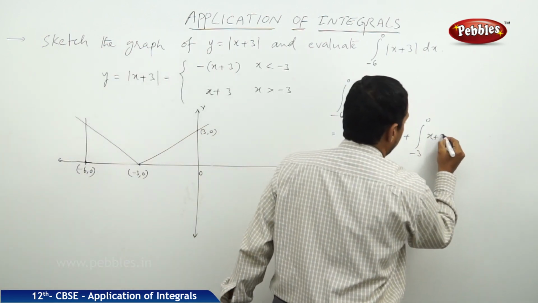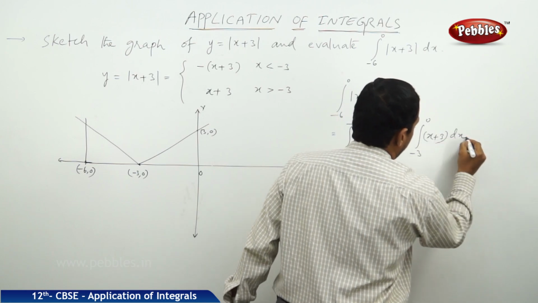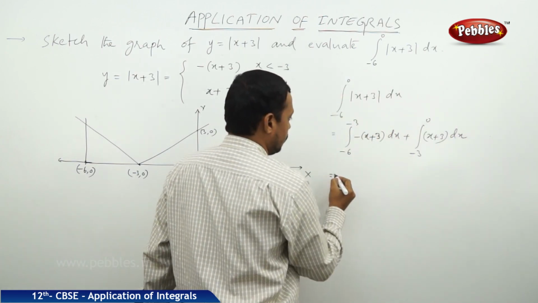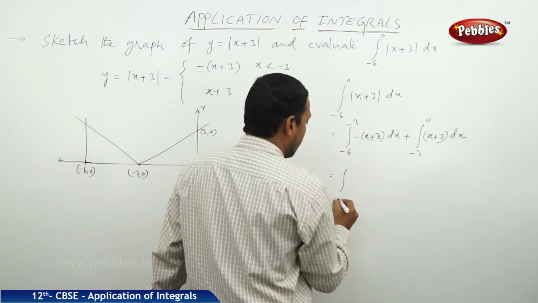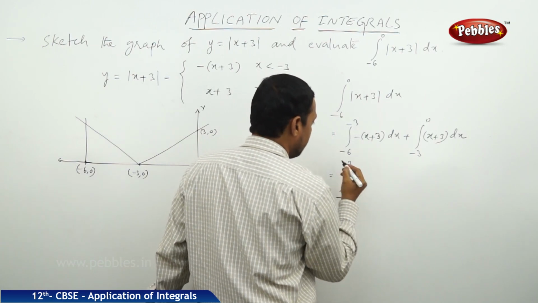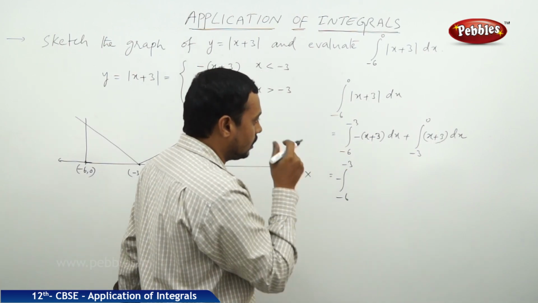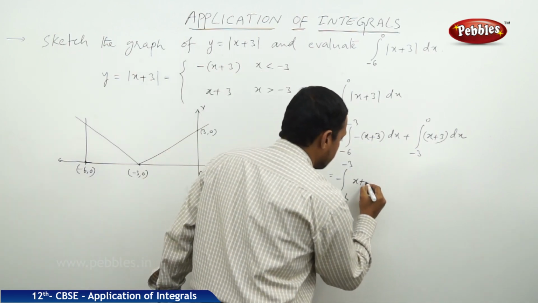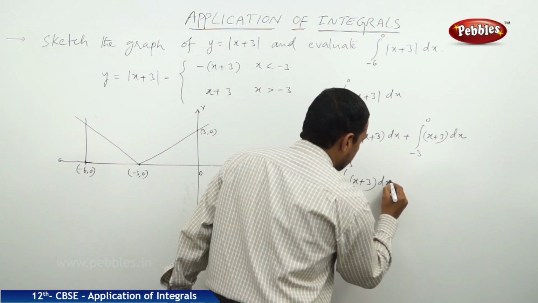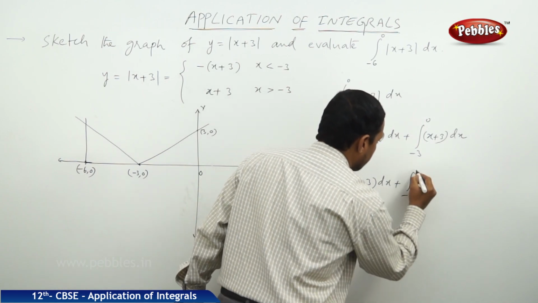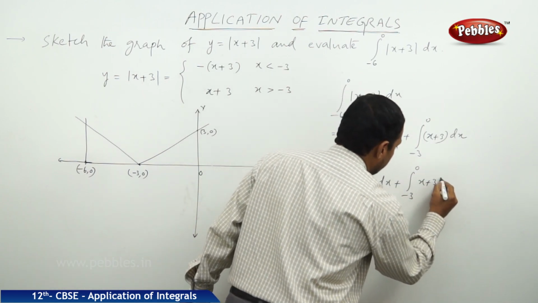So integrate x plus 3 between minus 3 to 0. Therefore, it is the integral of minus 6 to minus 3, keeping the minus outside of the integral, of x plus 3 dx, plus the integral of minus 3 to 0 of x plus 3 dx.